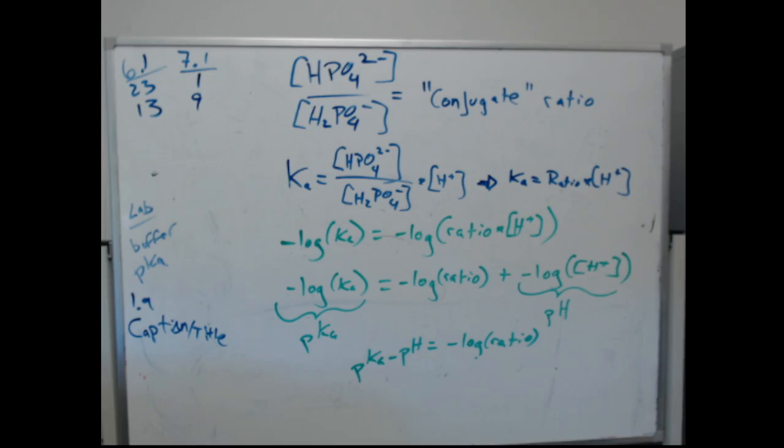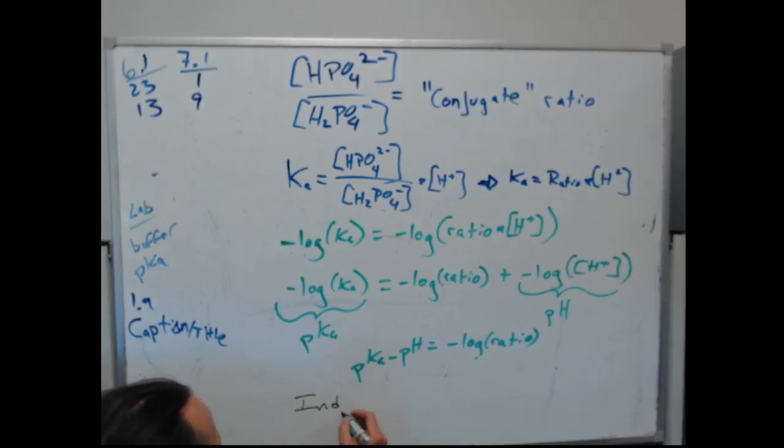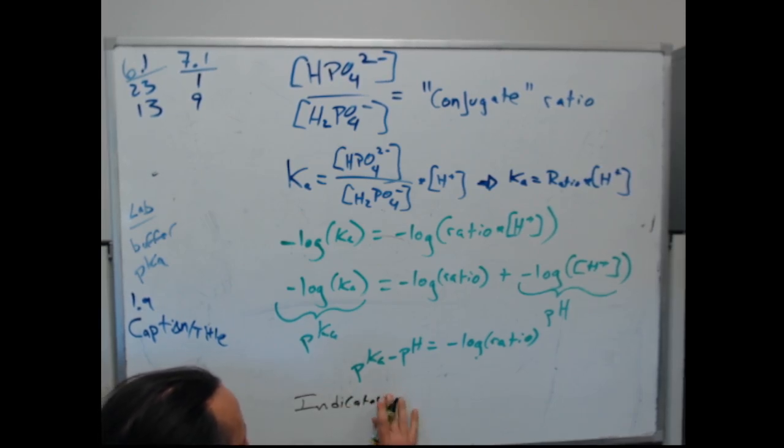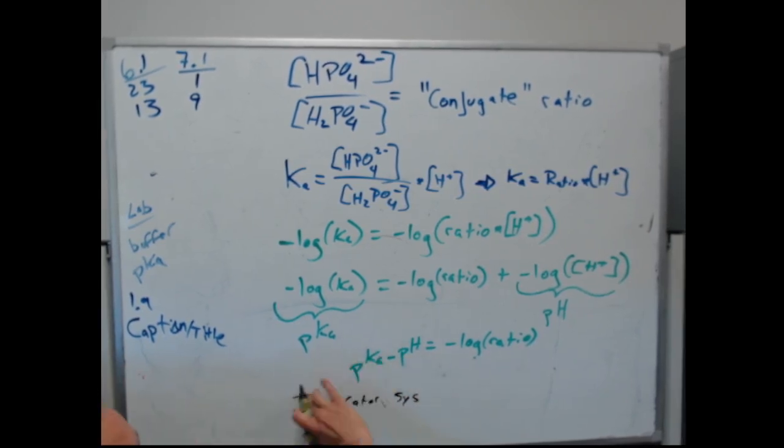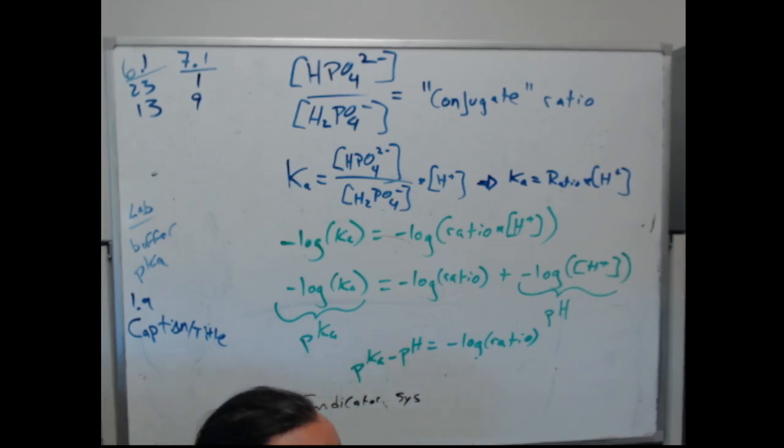Wait, so is the ratio the concentration of IND and HIND, or what's so right now I've got it written down. We can do it as many different things. So right now I'm doing it for the buffer system. So that's our H2PO4 or HPO4. But we can also do it for the indicator system, right? If we wanted to do it for the indicator system, right, this type of logic works for any conjugate pair, any weak acid with its common ion.